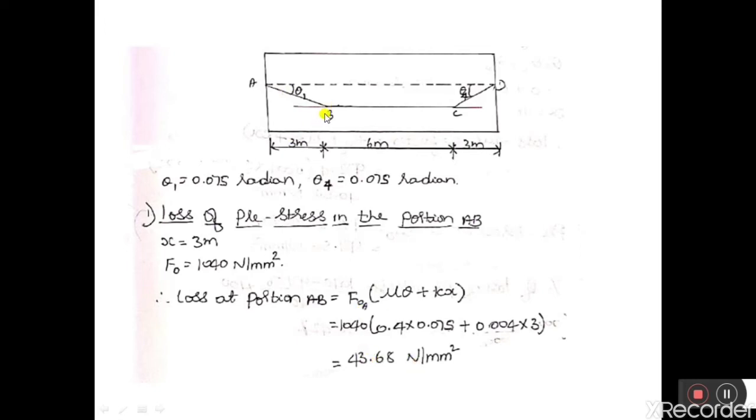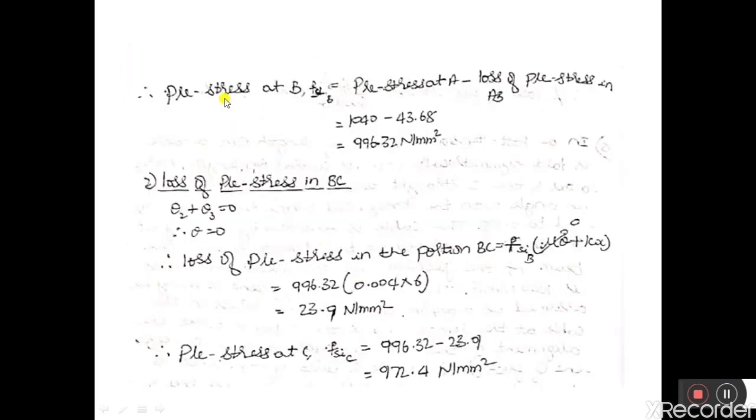Then what is the initial stress available at B? Let us call it F psi at B. Initial prestress at B is equal to prestress at A minus losses of prestress in the portion AB.